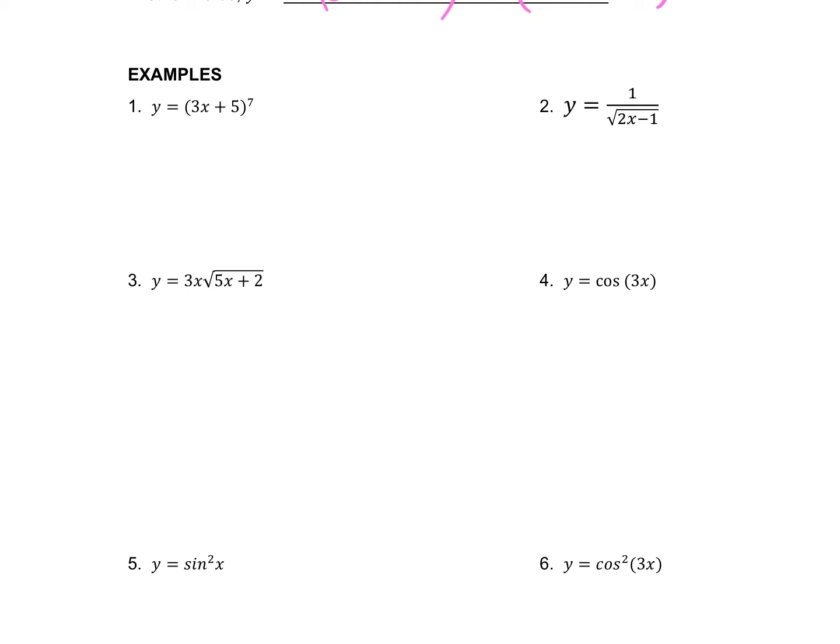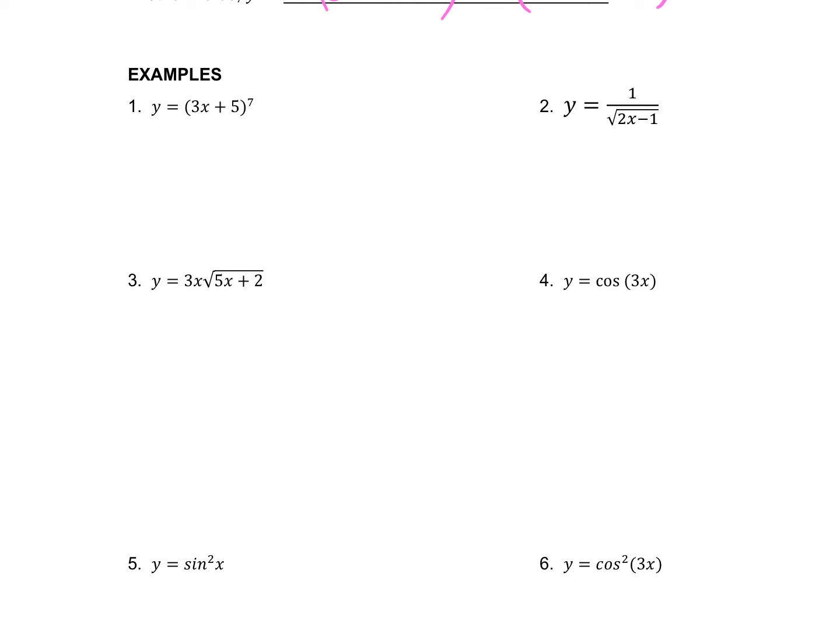Yeah, so what did we do with that? We FOILed it all out, and that worked great for 3x plus 5 squared. Do you really want to multiply out 3x plus 5 to the 7th power? No, and that's just not practical. We're not going to do that. Because we have higher powers that we can't do that to, or like a 1/2 power that we can't do that to, we have the chain rule.